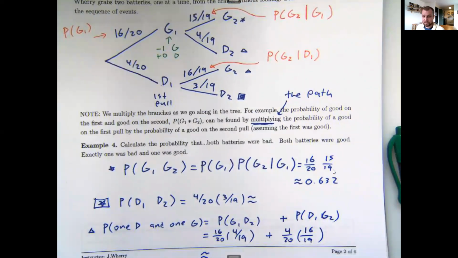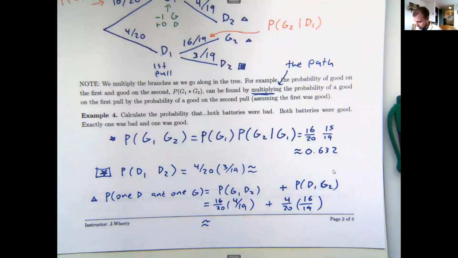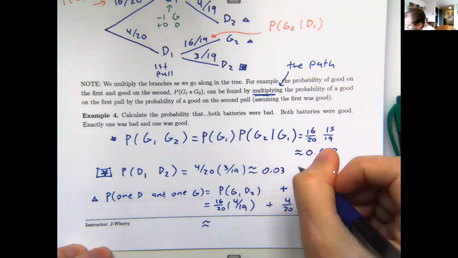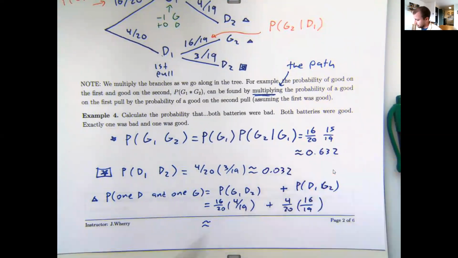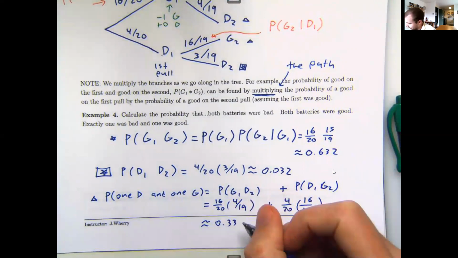Let's type both my last answer and my current one into a calculator and see what we get. I have 4 divided by 20 times 3 out of 19 for my last one. I get 0.032 or so. And for this next one, I'm typing that whole thing into my calculator. And when I do so, I get something like 33.7% or so.